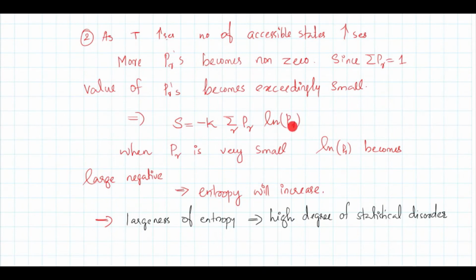So since PR is exceedingly small, this log PR is an exceedingly large negative value, and this negative sign will make the entropy very large and positive. So as temperature increases, entropy will increase. So the largeness of entropy is a measure of a high degree of statistical disorder.